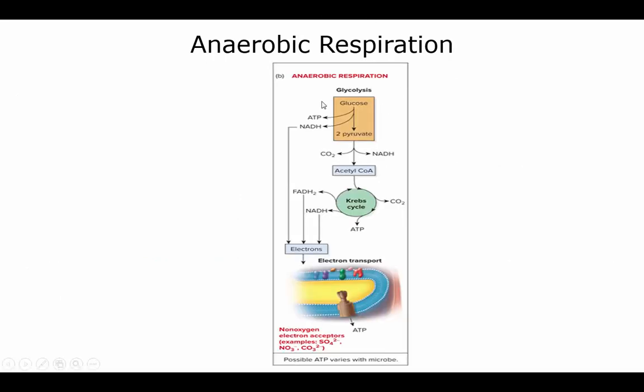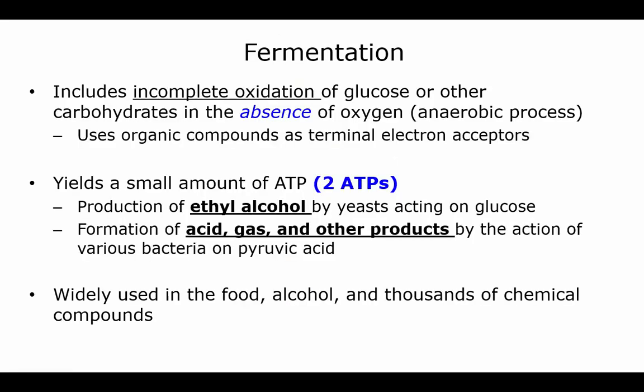Okay, so again, anaerobic respiration. Remember, glycolysis is going to happen regardless, isn't it? Okay, yes. And then we're going to go into the Krebs cycle. The difference is that instead of having O2 available, we don't have O by itself. We have O bound up with something else, so we're not going to make quite as much ATP as we did last time. Okay?